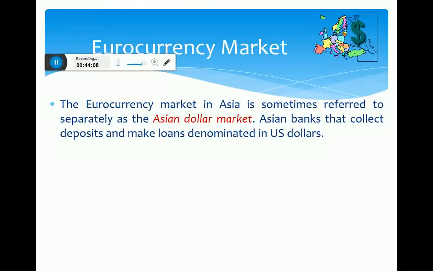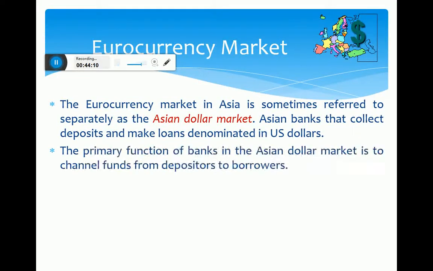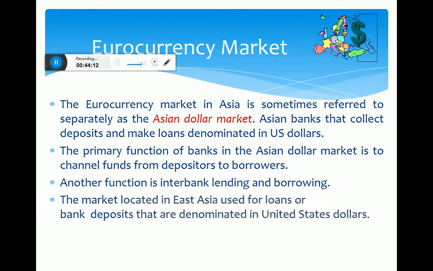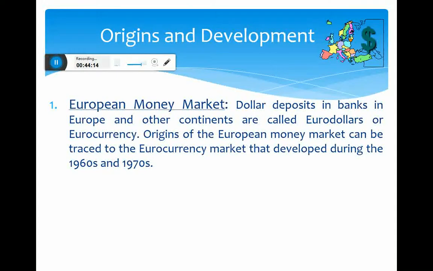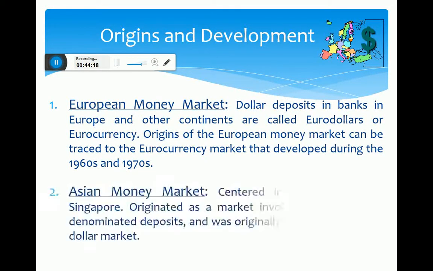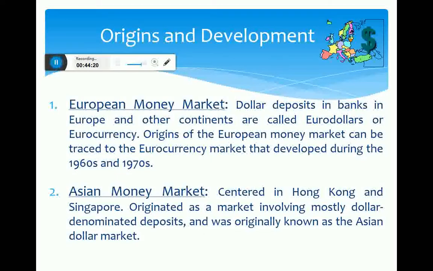Also, we discussed the Asian dollar market and Asian dollar banks, and how the international money market came into existence and developed. It developed from the European banks and banks in Asia. Together, all of them are called the international money market or Euro currency market or Eurodollar market, which is further divided into the European money market and Asian money market, right?